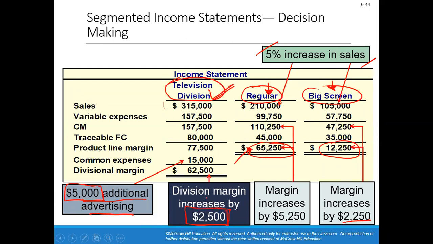It was 60,000 in the base case, but now it is 62,500. So in this way, segmented financial statements help us to look at the individual segments' contribution separately.